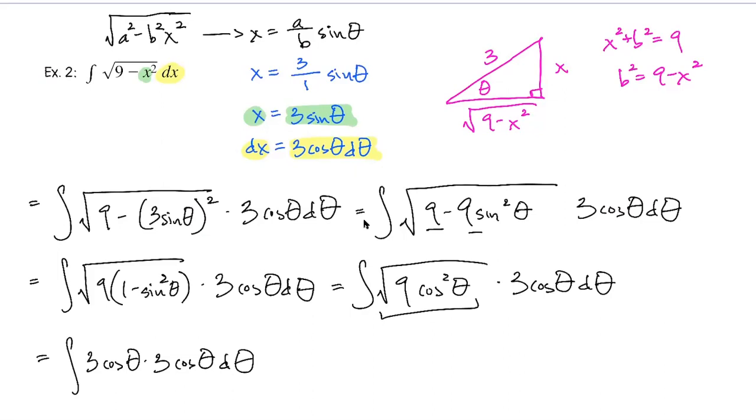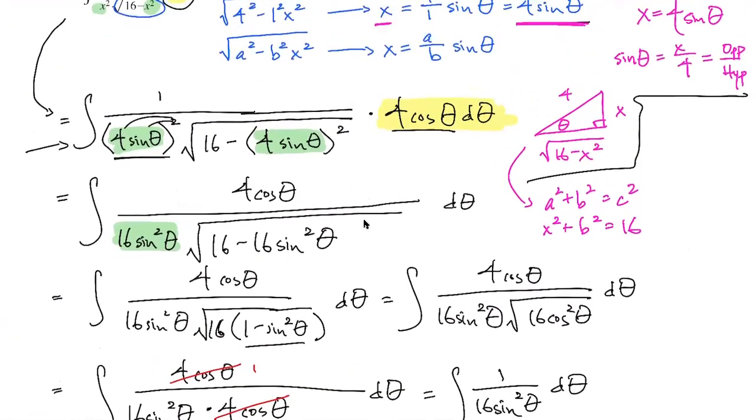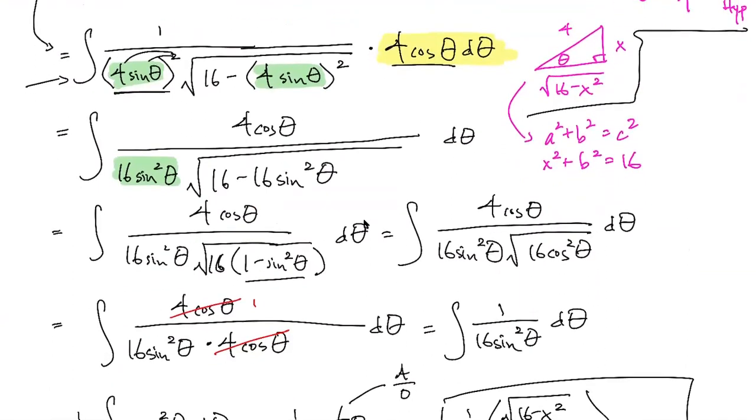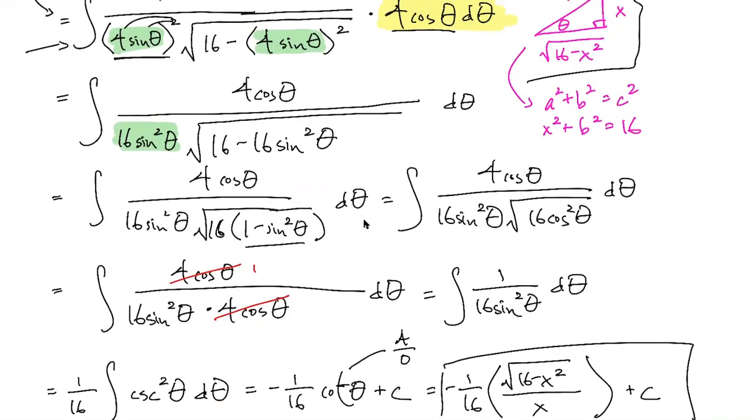Now, I do want to point something out here. Every time we make the substitution and we have a square root, we end up with 3 cosine theta, or like a cosine theta. If I go back up here, I plugged it in and I ended up with my 4 cosine theta.